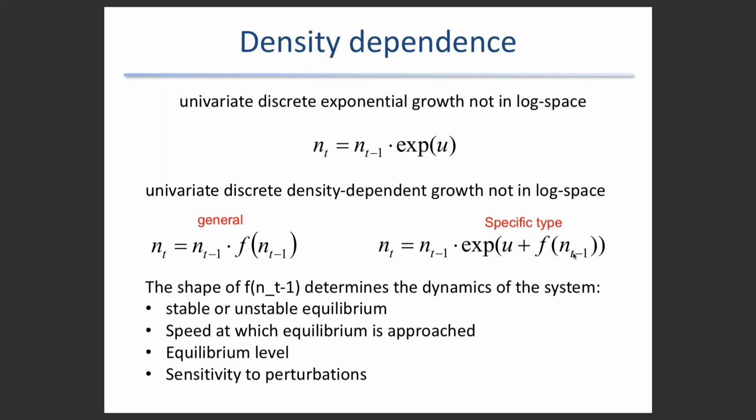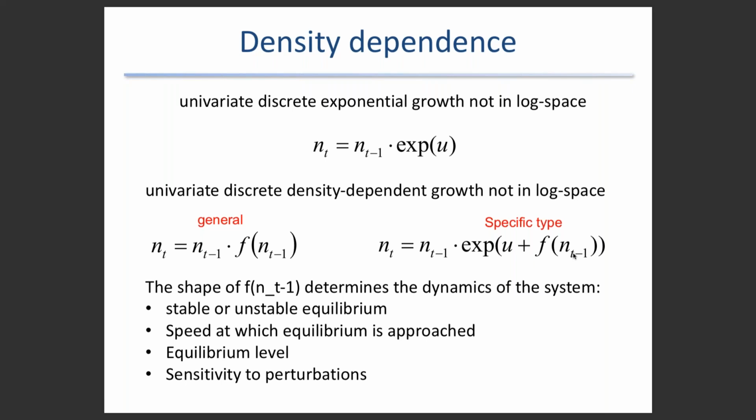And in general, when we make that into a density-dependent model, we replace this constant growth with some function of the abundance. And in particular, as the abundance goes up, this growth rate is going to go down. It's the idea of density dependence.